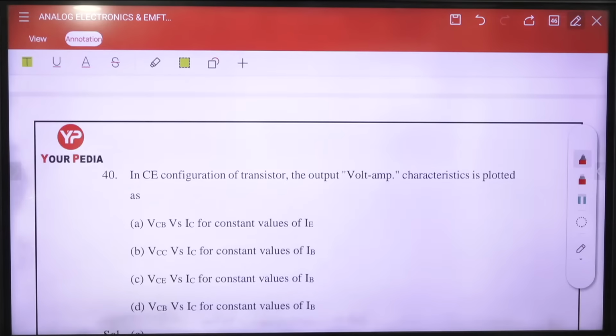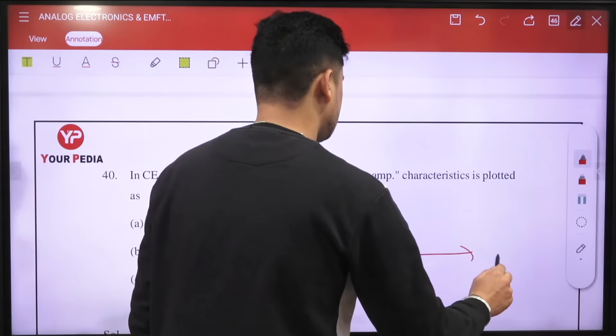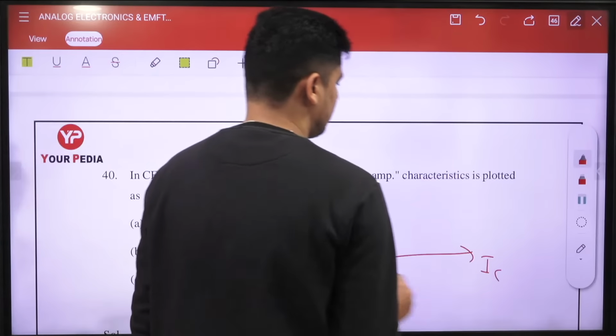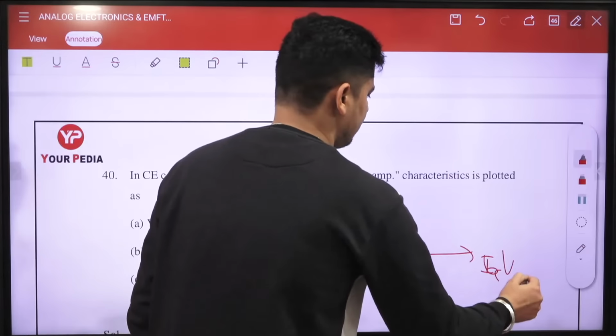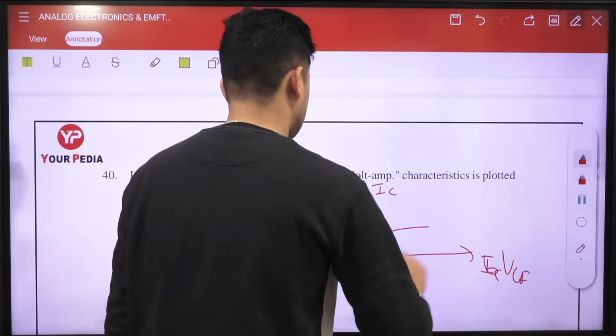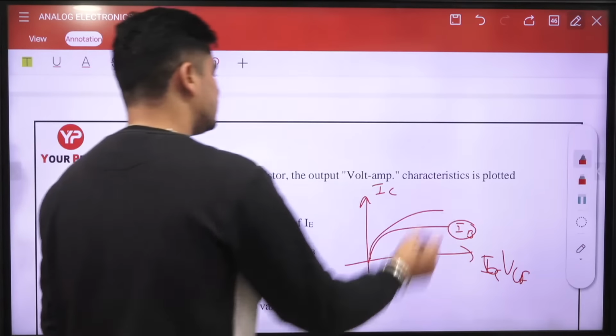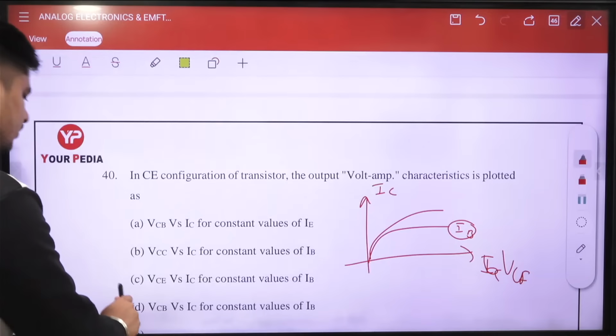Input is given to your base terminal, so that your emitter is common. So generally, the output characteristics will be plotted with respect to VCE and IC, and we plot it like this. Remember, IB is fixed, right? So the answer will be C.